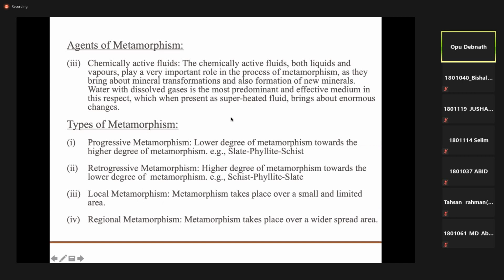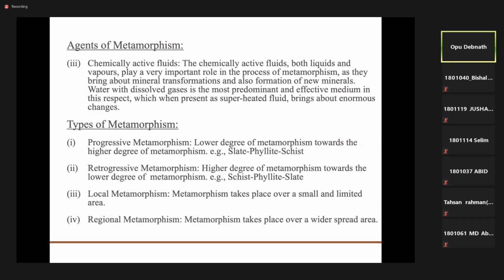If the metamorphism occurs from the lower degree to the higher degree, that means the minerals are transforming to a higher order, like shale to schist, from lower order to higher order. If this type of transformation occurs, the minerals are in the lower form, and then they transform into the higher form due to the metamorphism.